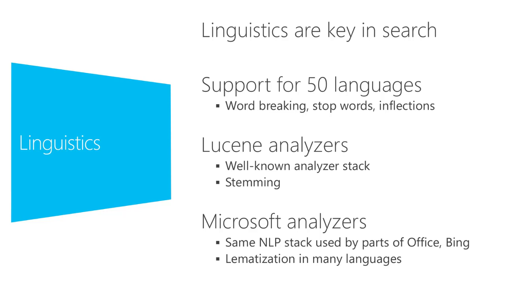And there is also stop words filtering, which removes the most frequent words in sentences, such as articles, prepositions, and pronouns, which might be non-relevant for the search query. We can also use, as an alternative, Microsoft's own analyzers, which are part of the Office and Bing search engines.